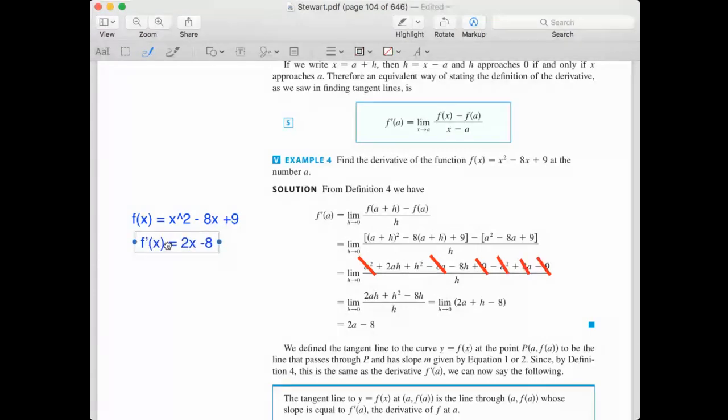Let's compare these two functions. The original function is a quadratic function, a polynomial of degree 2, and its derivative is also a function, a linear function, degree 1. So for polynomial functions, there's a pattern. Its derivative function is always 1 degree lower.